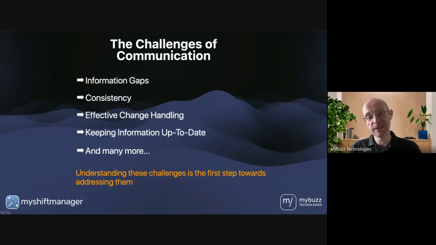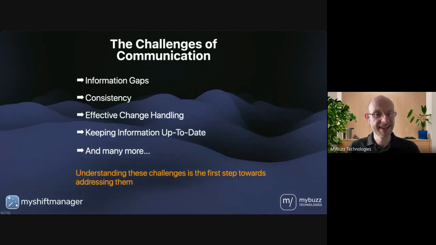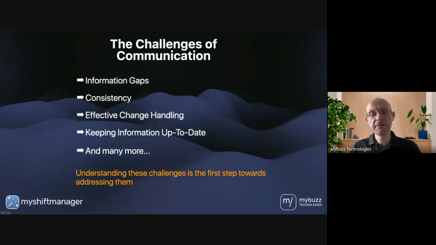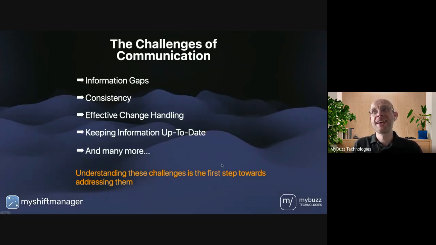We're all very busy people, shift teams particularly, so it's easy to suddenly forget that you did authorise something, especially when challenged in the middle of the night to work this out. So these are just a few of the headaches that can be caused if you use the wrong systems, and understanding these challenges, as I said, is the first step towards addressing them.